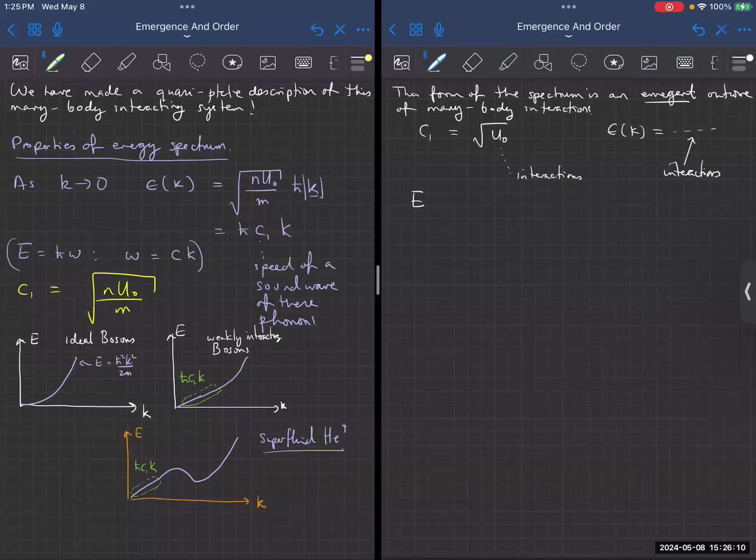And the energy of the ground state is one half n u naught plus some other terms. And again, this also depends on the interactions. So all of these phenomena that we're seeing go away when you turn off the interactions. They're true many-body effects.